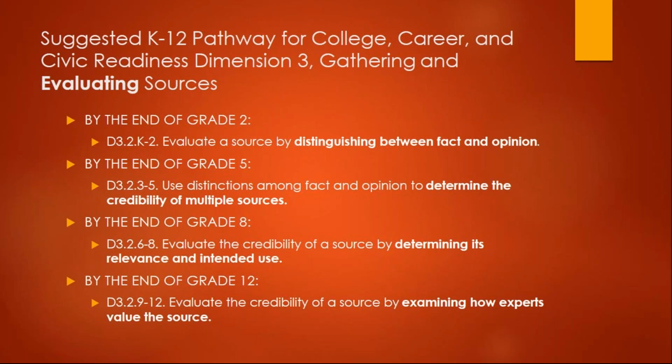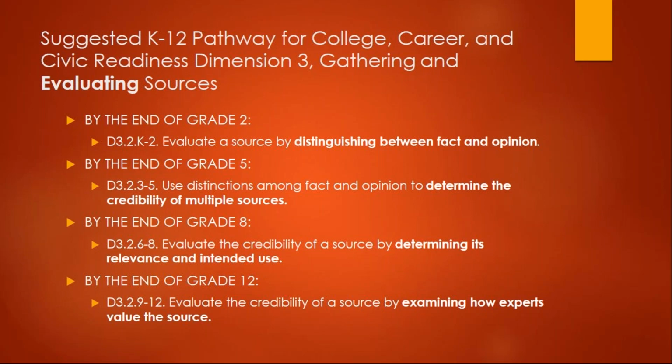So now on this slide, we're going to pull out some of the verbs that can show that increasing complexity for evaluating sources from K-12. Our youngest learners are simply learning to distinguish fact from opinion. Then our upper elementary students build on that skill to determine the credibility of sources.